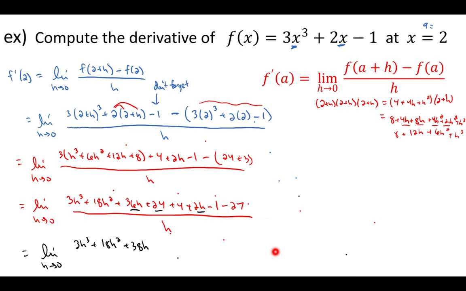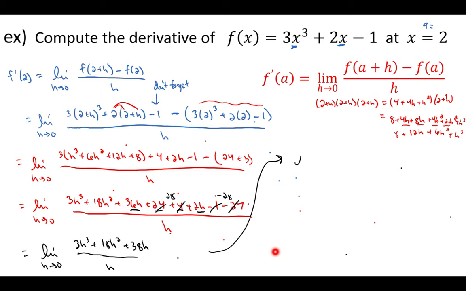We've got 24 plus 4 is 28. And then minus 1 minus 27 is minus 28. So they do all cancel out. Don't assume they do. You need to double check, but that should be the case. All right, and this is over h. So we're in good shape because we got rid of all of our constants. We just have h's left, which means we can then factor out an h.